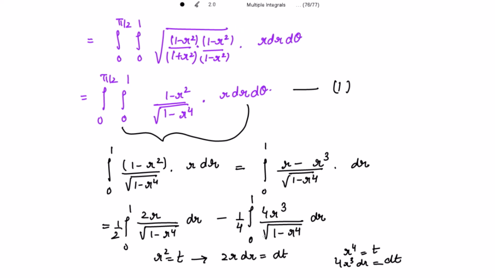So this is negative 1 over 4, limits of t are also from 0 to 1, dt over square root of 1 minus t. Fine. So this is equal to 1 by 2. Now the integral for this is sine inverse t from 0 to 1, taking the denominator to the numerator.